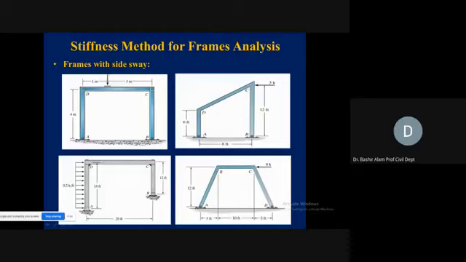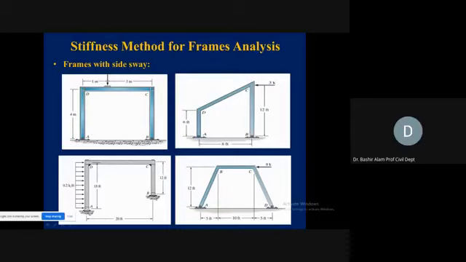A and B are similar, both are hinge supports. So the frame is symmetrical, but the loading is unsymmetrical. It is going to deflect sidewise. It will have lateral displacement.